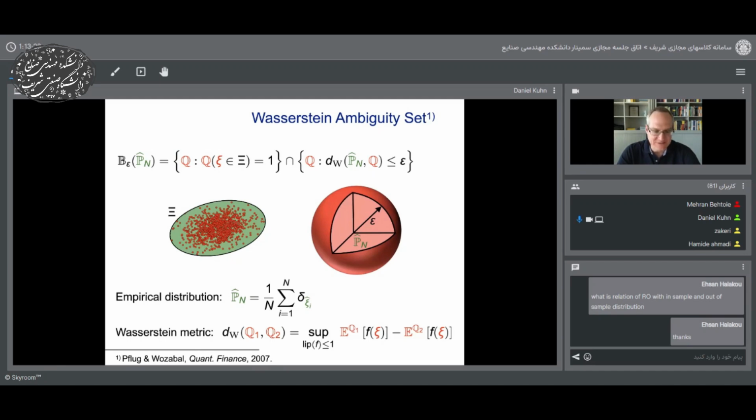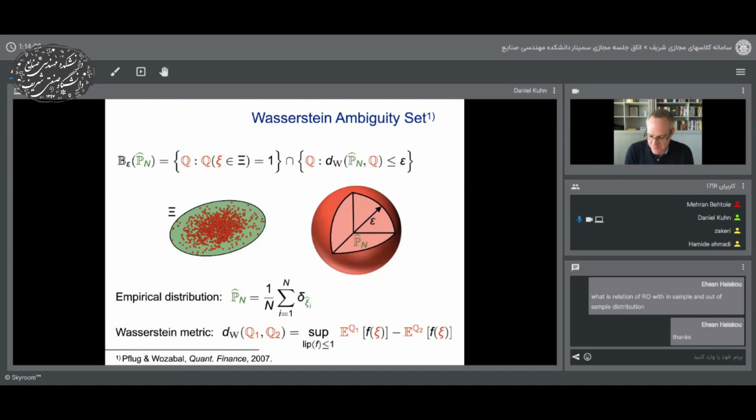The Wasserstein distance between two distributions Q1 and Q2 is defined as the difference between the expected values of some test function f evaluated under Q1 and Q2. Then we maximize this difference over all possible test functions f that are Lipschitz continuous and have a Lipschitz constant smaller or equal to 1. That's how the Wasserstein distance is defined.